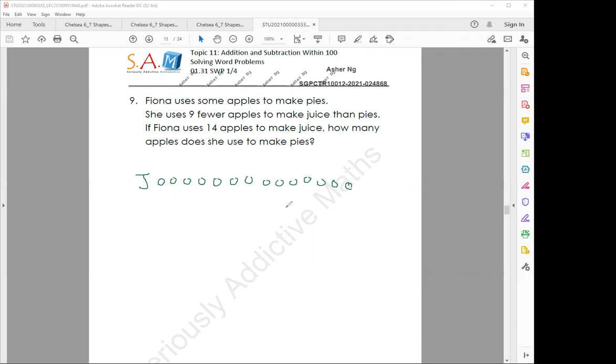And it says for pies, Fiona used 9 fewer. So for 9 fewer, they need to count from the back here: 1, 2, 3, 4, 5, 6, 7, 8, 9. So they have to write it like that. 9 fewer.